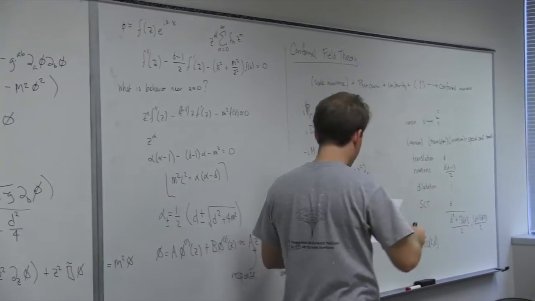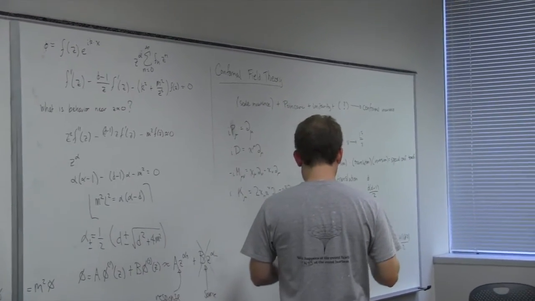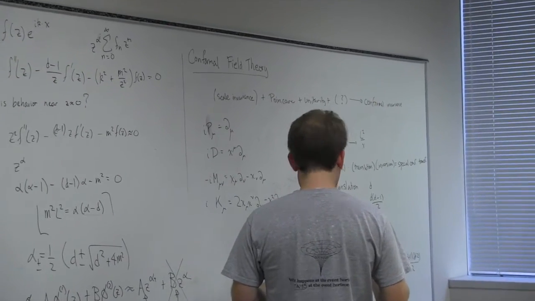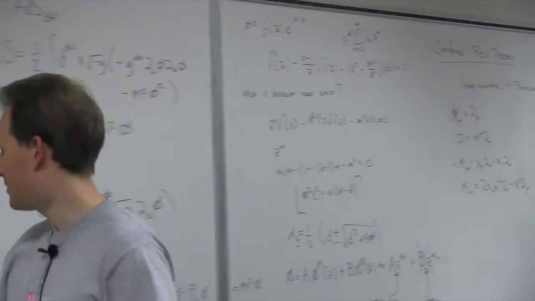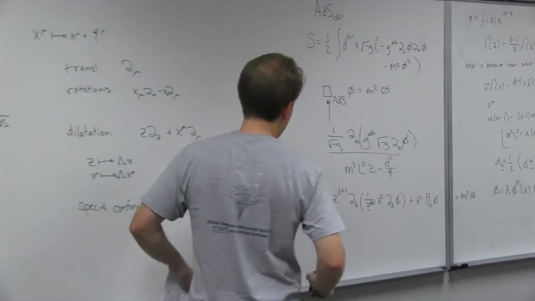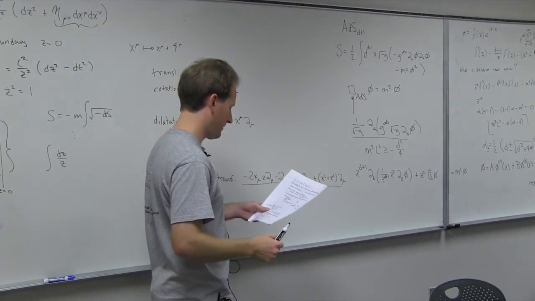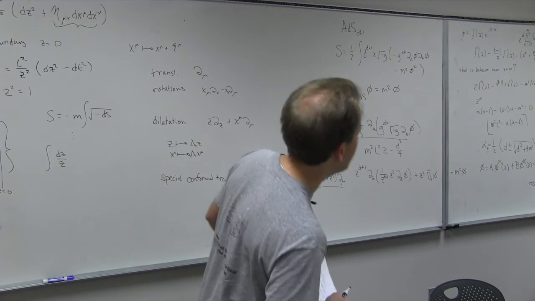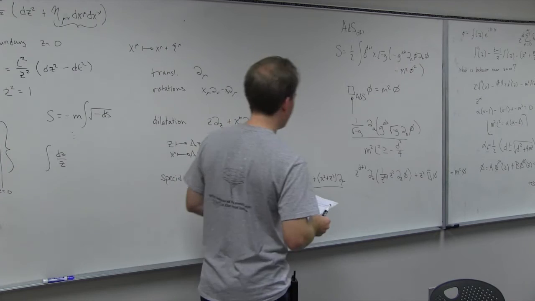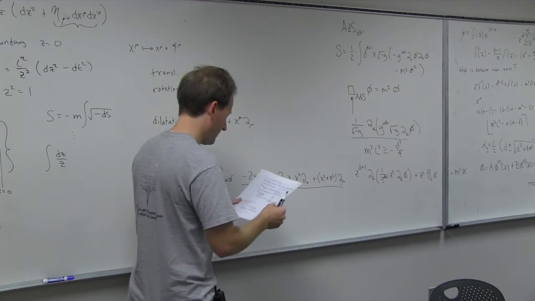That's why I labeled them as I did. Which one corresponds to the special conformal transformation here? The last one. Yeah, for that one it's the same. Hopefully I got that. Yep, up to a minus sign or so.